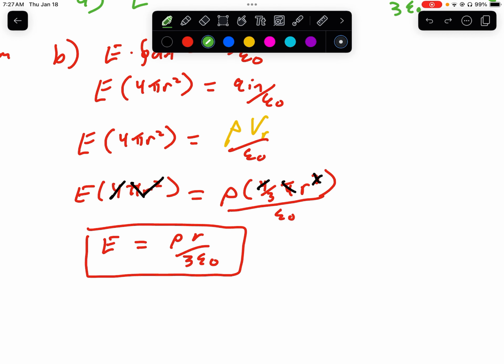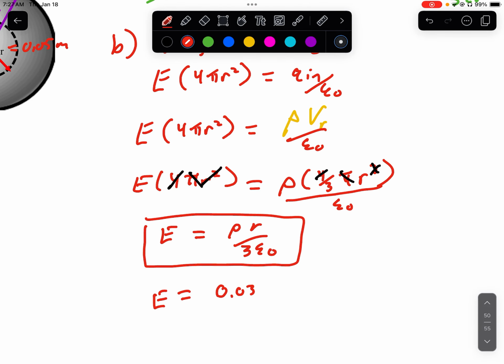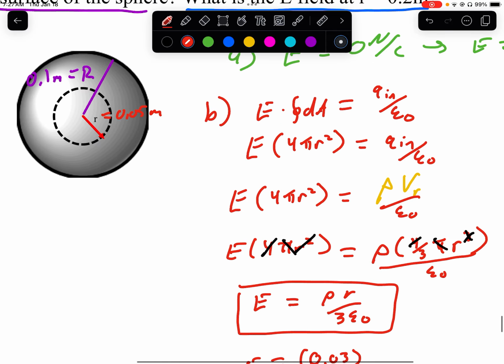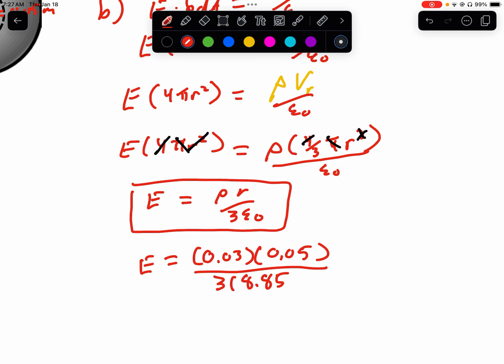Oops, let me switch back to red here. Gotta stay consistent with the colors. So the rho, what was the rho? It was 0.03. The radius that we're interested in here, I can see it peeking on my sphere, is 0.05, over 3 times epsilon naught, which is on the equation sheet, 8.85 times 10 to the negative 12th.